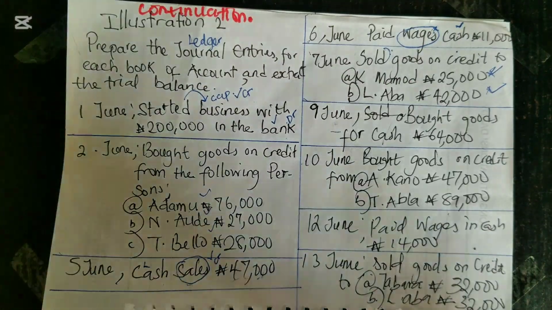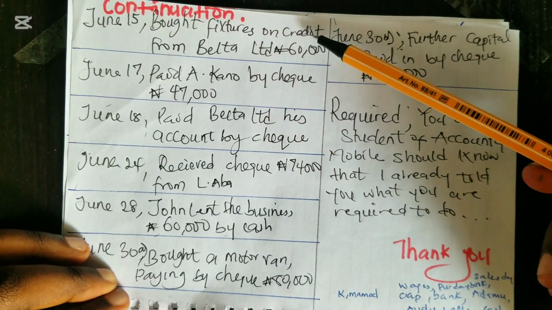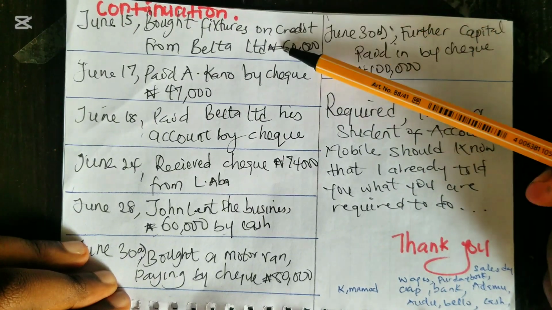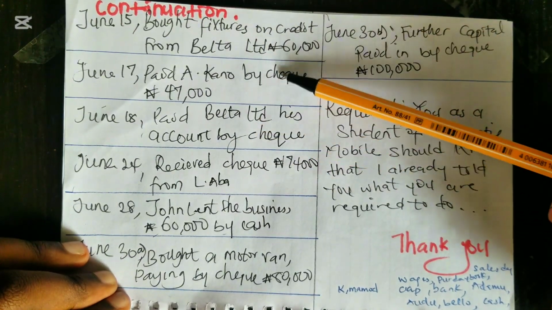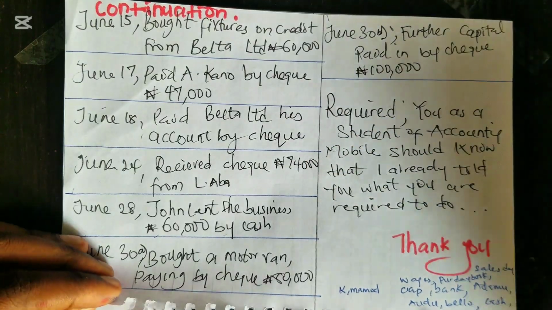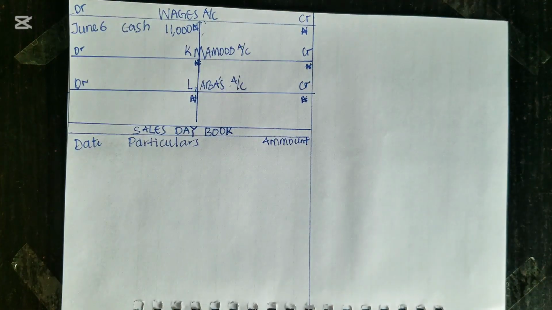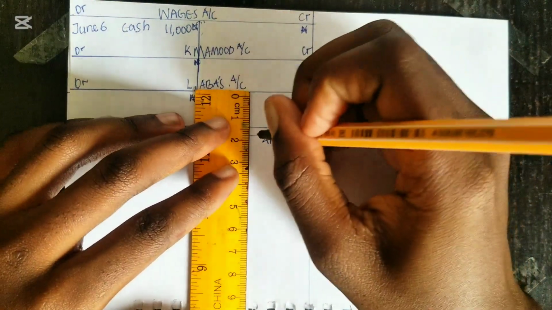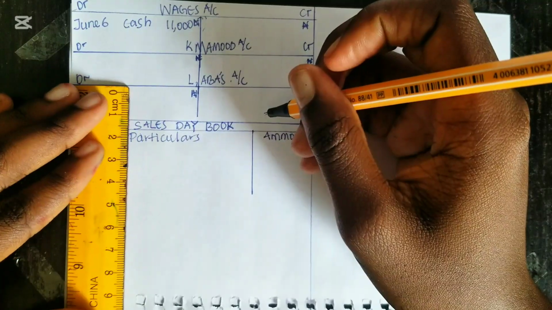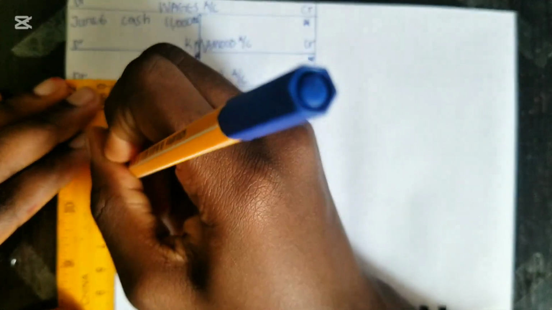Let's see if we have another one here. What? Fixtures on credit? Okay, from Belta. Okay, so do we have any other credit? No, we do not have. So because we do not have any other credit here, just like 4 particulars we have, so it's not going to be that much. This can be okay.